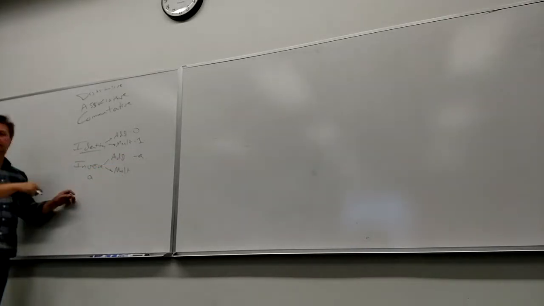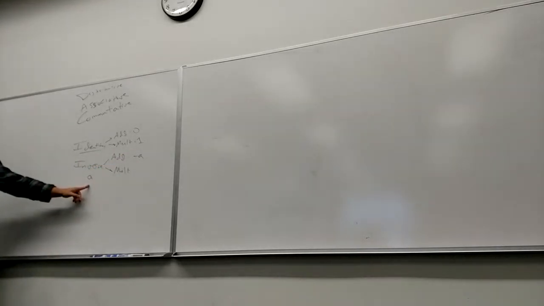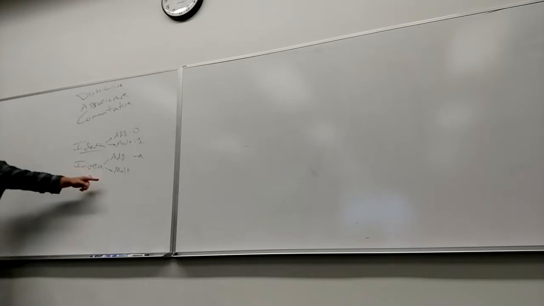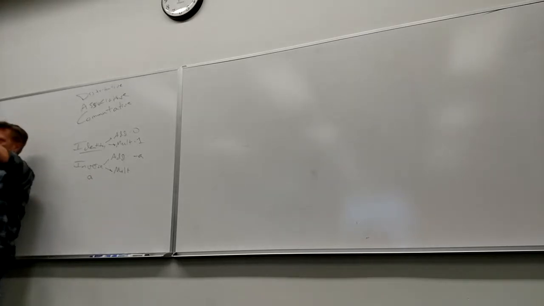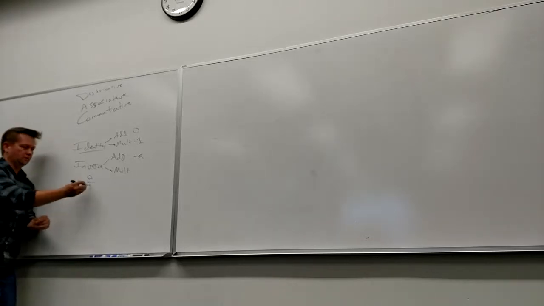What's the multiplicative inverse of A? Another name for the multiplicative inverse is reciprocal. So what's the multiplicative inverse of A? What's underneath the A? 1. Now flip it. 1 over A. There we go.